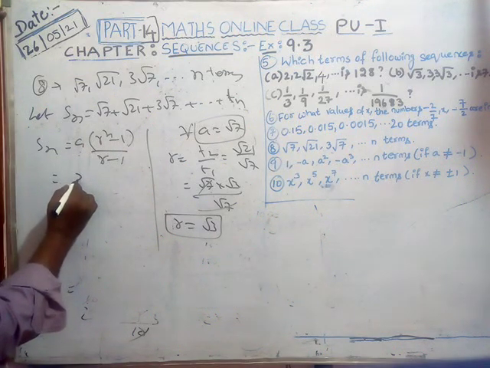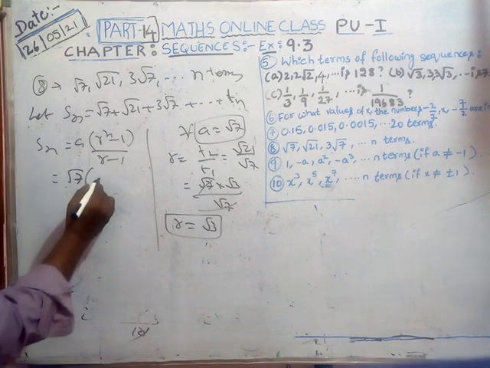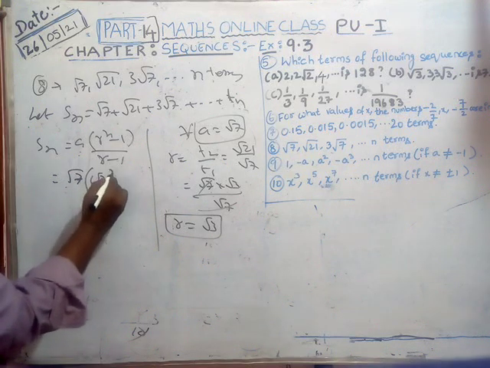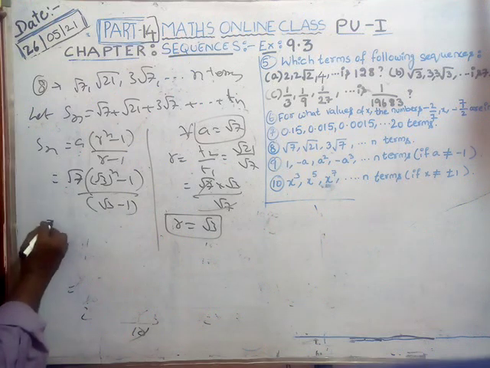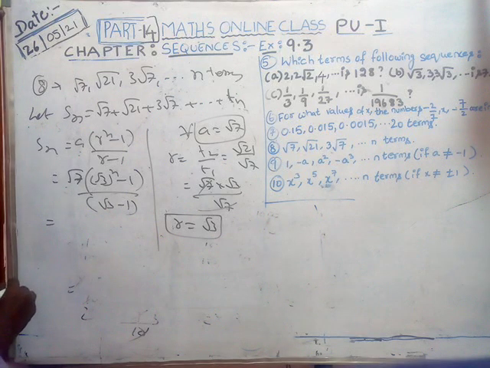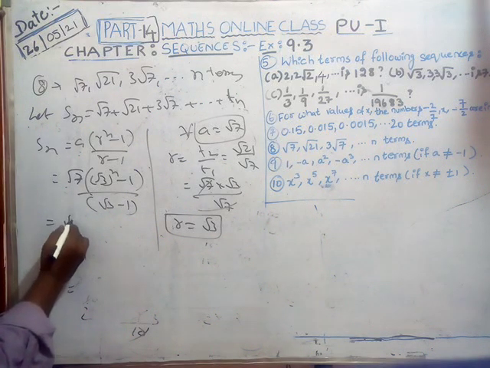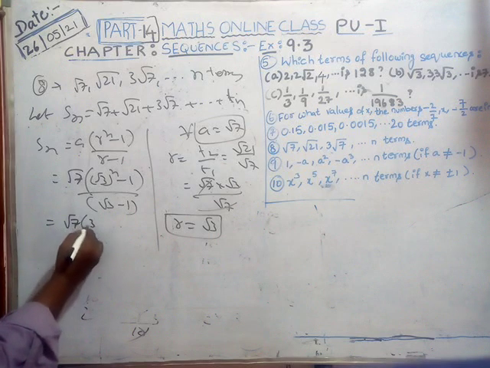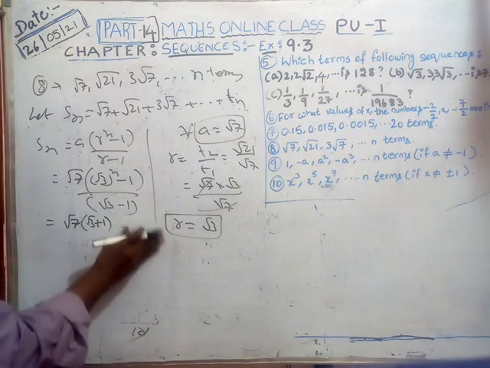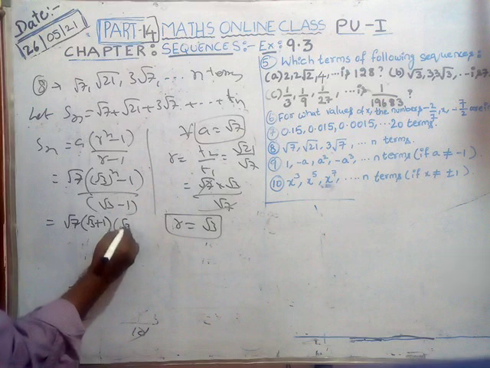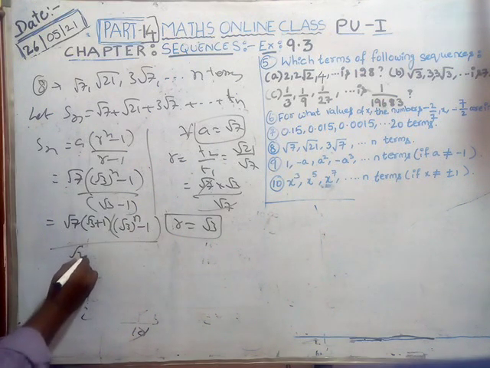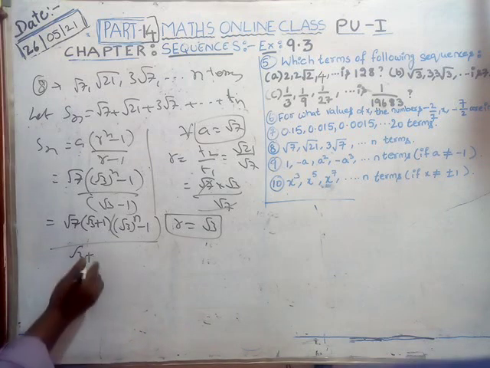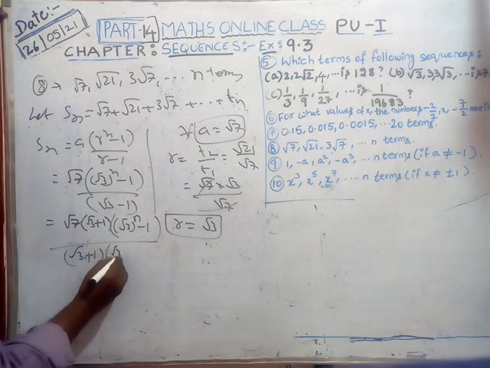So it is root 7 of root 3 power n minus 1 by root 3 minus 1, which is root 7 of root 3 plus 1 into root 3 power n minus 1 by root 3 plus 1 into root 3 minus 1.